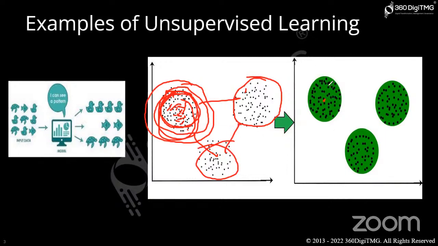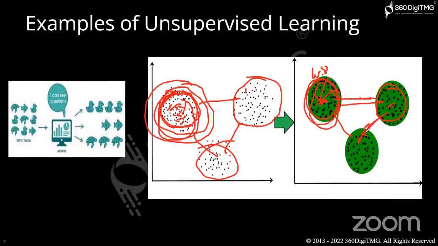Within the cluster it should be packed, so that we can say the clusters formed are giving the best results. Within the sum of the square should be as small as possible.